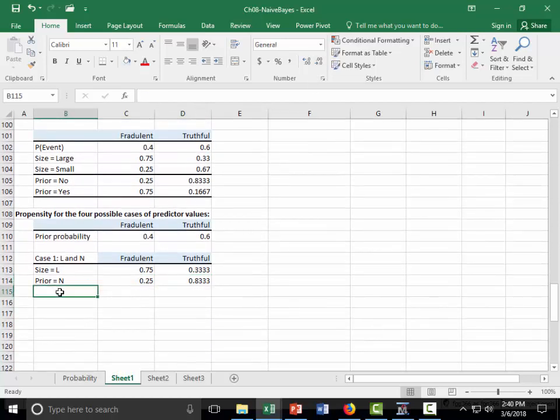So now joint probability, so it's the product of these three now. So all the conditional probabilities, multiply all the conditional probabilities. Here we have only two because there are only two predictors.